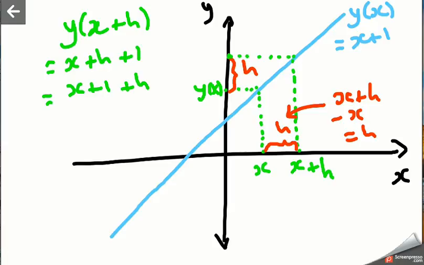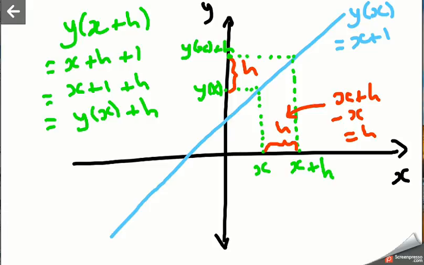You know, just flipping the h and the 1 around. That's fine, because addition doesn't matter what order you do it in. But y of x is equal to x plus 1. So this is actually equal to y of x plus h. So this is the point y of x plus h. And so this distance here is also h.